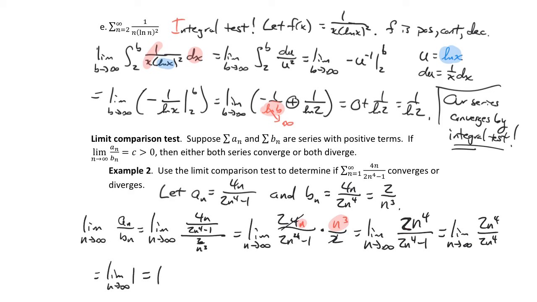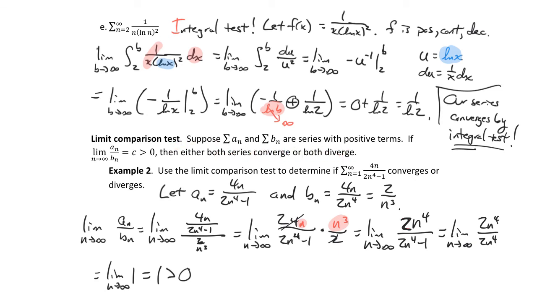We did this long problem. I have no idea why I did it. Now let's look back. Why did I take this limit of these ratios? I did it because I'm using the limit comparison test. If the limit is equal to some number c, which is greater than 0, and hey, this is greater than 0, then either both series converge or both series diverge.